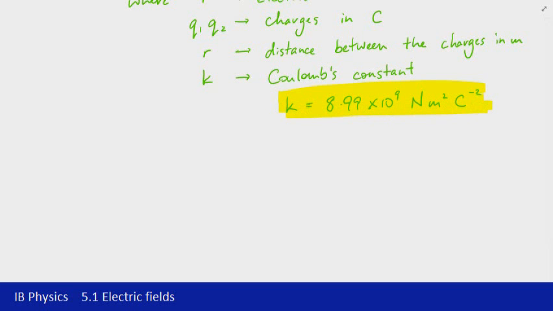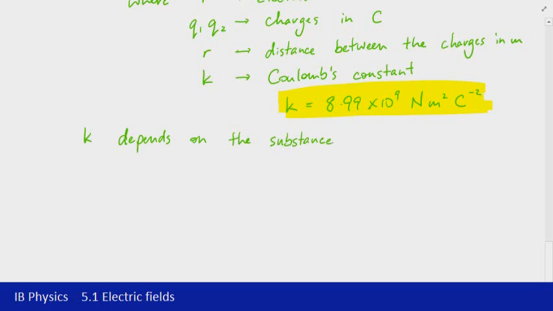The value of K itself, as I said, it's a constant of proportionality, but it depends on the substance that you're dealing with. So it's not just a value that comes out of nowhere. It depends on the substance, and it's actually given by a particular equation.